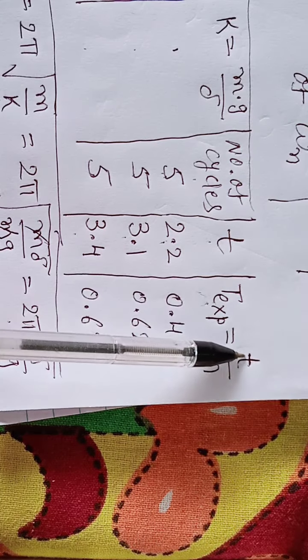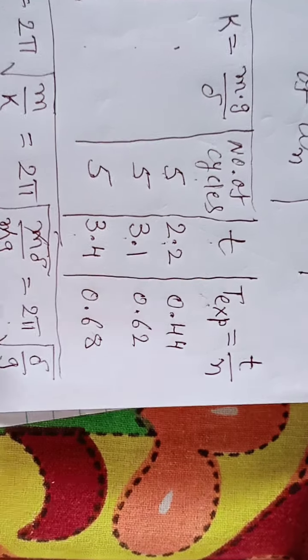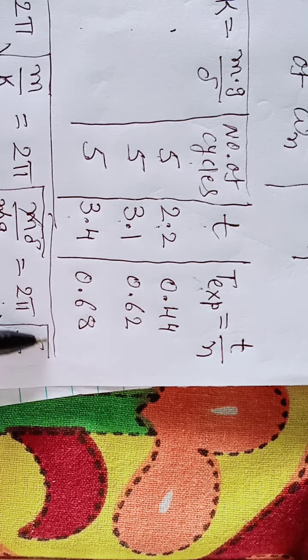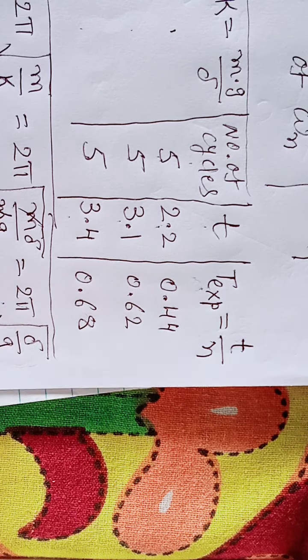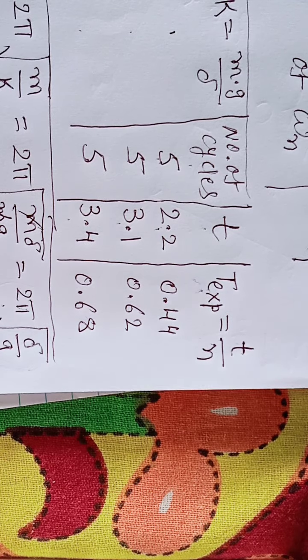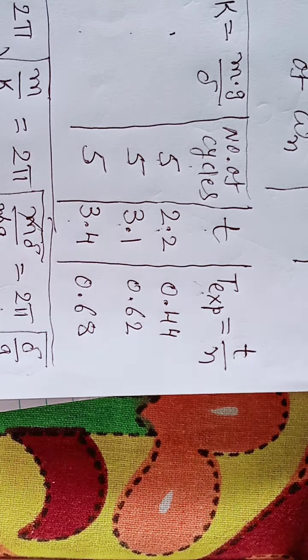Experimental time period is from the experiment, and theoretical by calculation. Here we can observe that mass m does not appear in this equation, that means it has zero influence of mass.